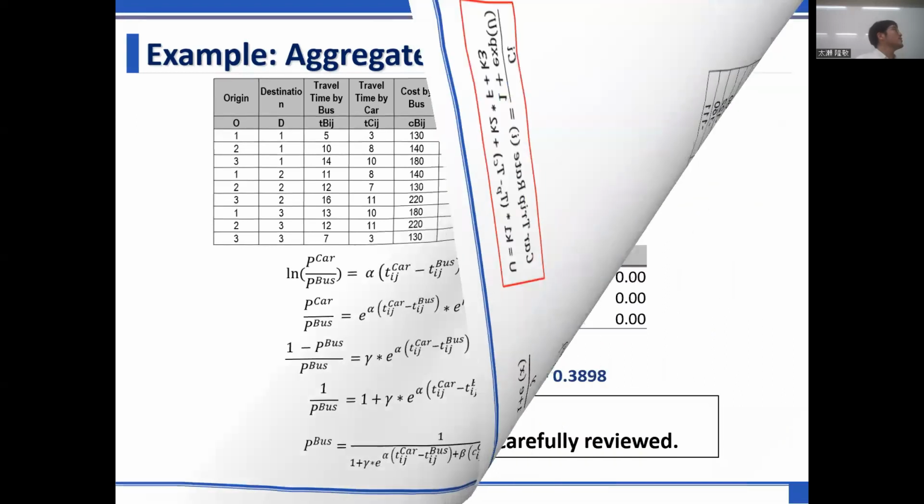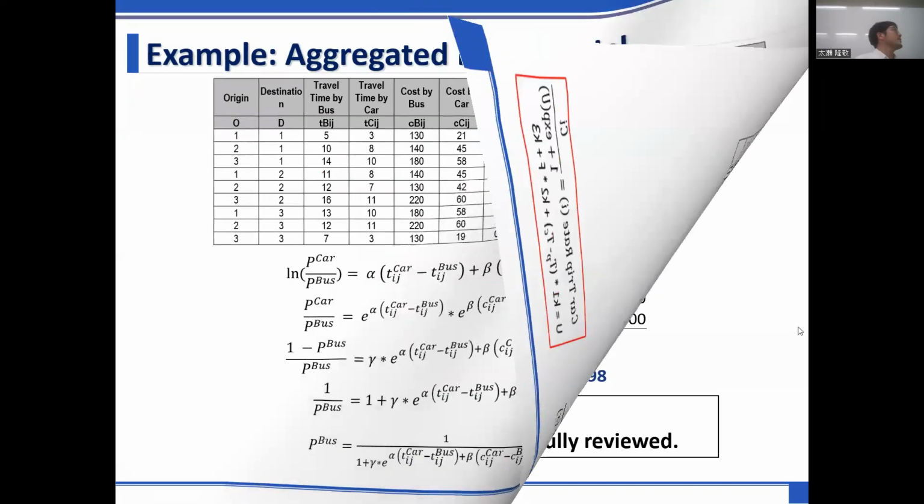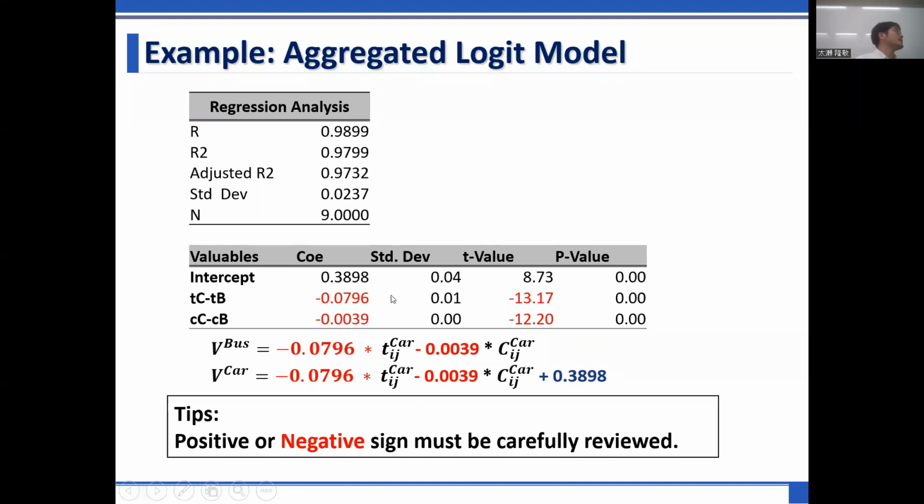Then through the regression analysis, the following parameters can be estimated. Yes, and how the travel time and how the travel cost affect the utility of public transport or the utility of the private car can be estimated.